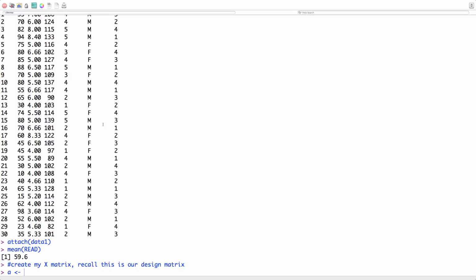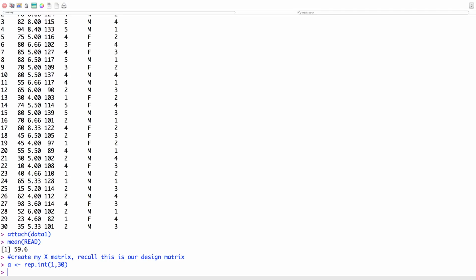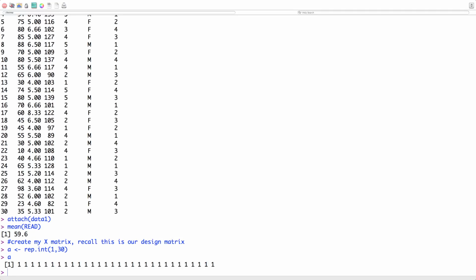If you look back at our data set, we have 30 observations. So I want to use repeat integer, and repeat ones 30 times. Now if I look at my A, I have 30 ones. That's really going to come in handy when I start setting up my matrix X.